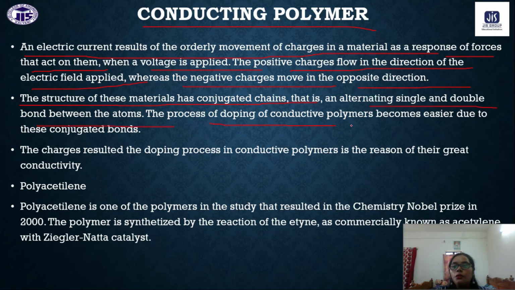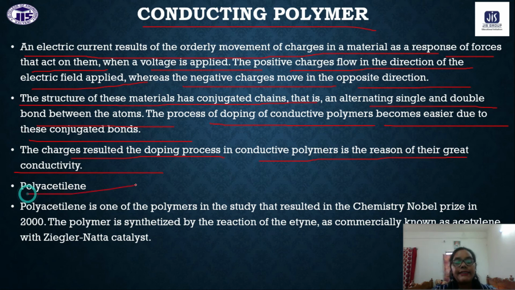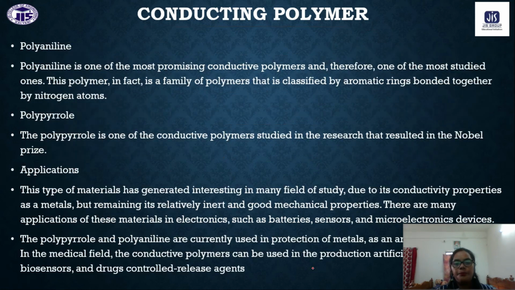The process of doping of conducting polymers becomes easier due to the conjugate bonds. The charges resulting from the doping process in conductive polymers are the reason for their great conductivity. These are some of the conducting polymers that we have, like polyaniline, polyacetylene.